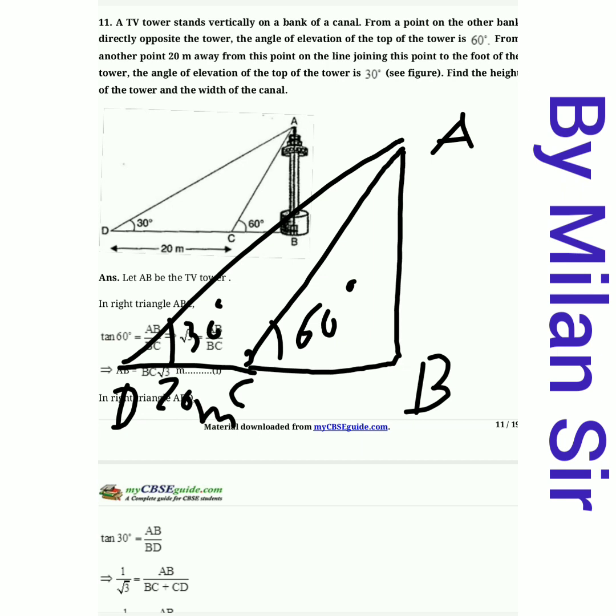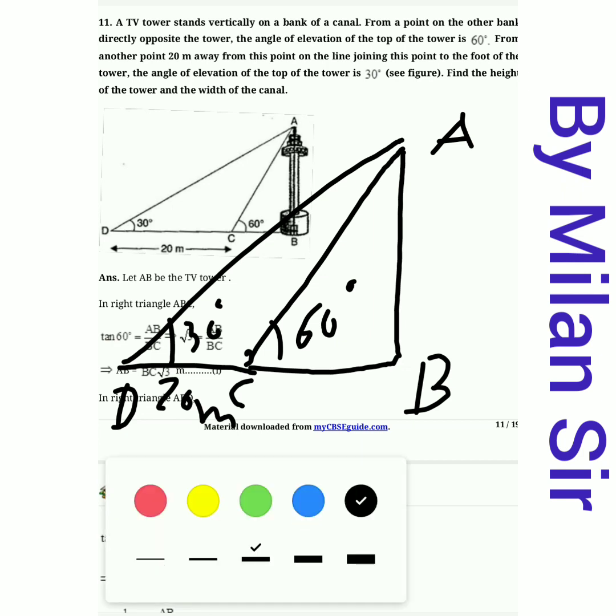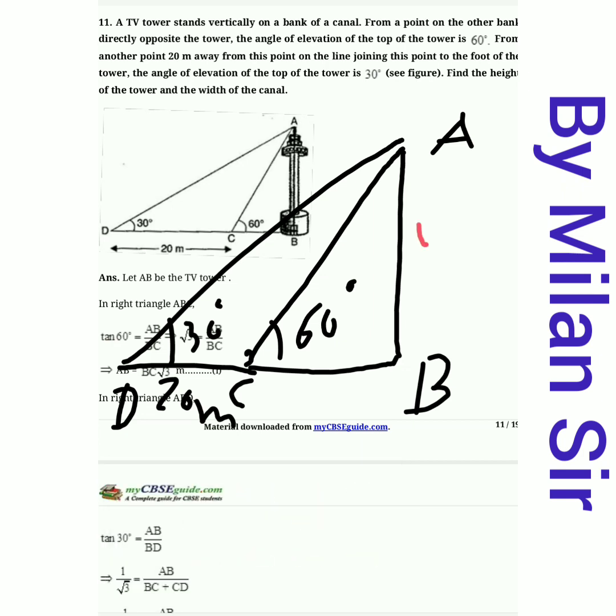Now what we need to find here, two things. One is AB, that means the height of the tower, and the width of the canal, which is BC. Now we have two triangles. First is ABC. In this triangle, we have only one angle, 60 degree. Right?